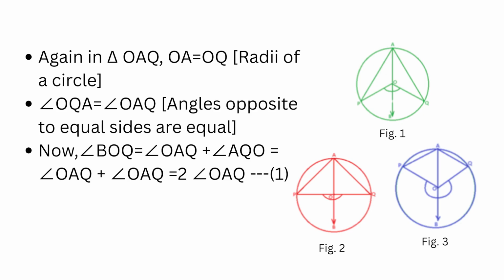Now, you see angle BOQ equals angle OAQ plus AQO, equals OAQ plus OAQ, since AQO has the same value as OAQ. So students, what is the final result? We got BOQ equals 2 times angle OAQ.